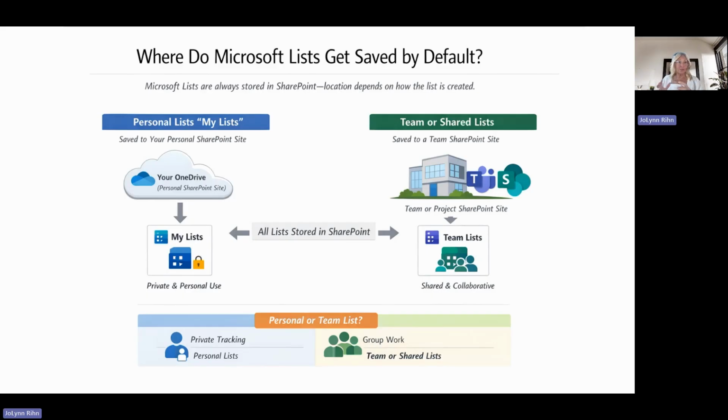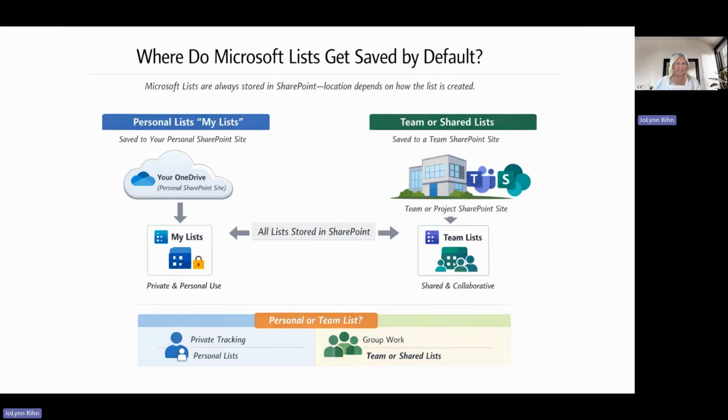So when a list gets created, it's important to understand, well, where does it reside? Where does a list go? So Microsoft Lists are always saved to SharePoint, but the exact location depends on where and how the list is created. So default save locations, if you go to the app, so if I just go to the Microsoft app, create a new one, it actually is saving it to your personal SharePoint site.